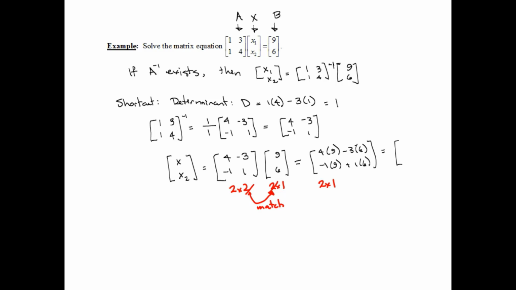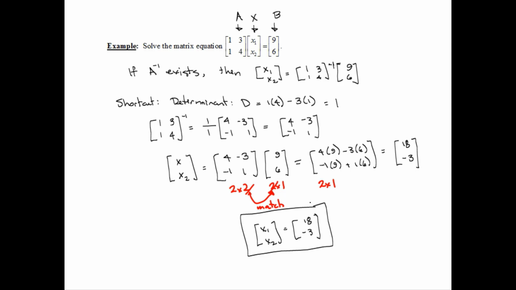This gives me 4 times 9 is 36 minus 18, so 18, and -9 plus 6, so -3. So the solution is x1, x2 equals 18, -3. Since my original equation was in matrix form, I'm writing my answer in matrix form.